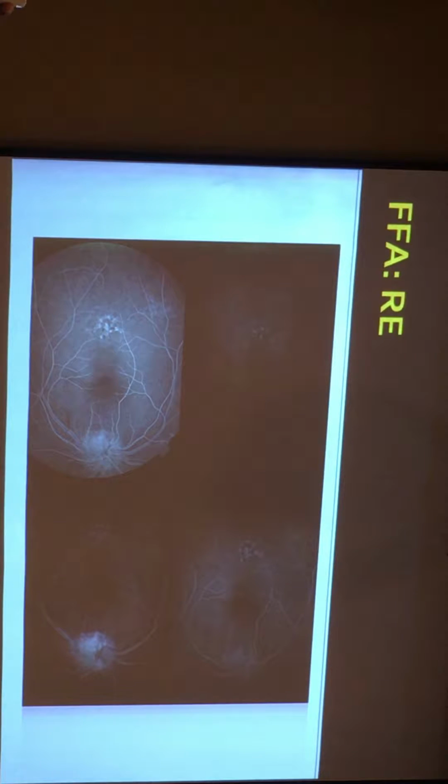Do you think toxoplasmosis can give you this type of picture? What part of it is no? In other words, is toxoplasmosis not giving you this type of optic nerve inflammation, or is toxoplasmosis not giving you this type of exudates around the macula?